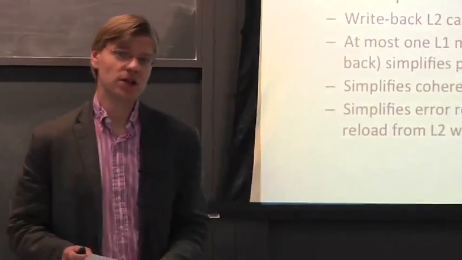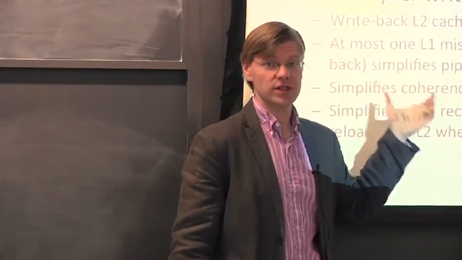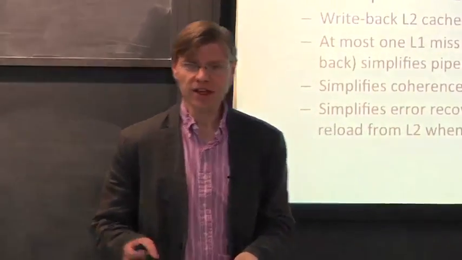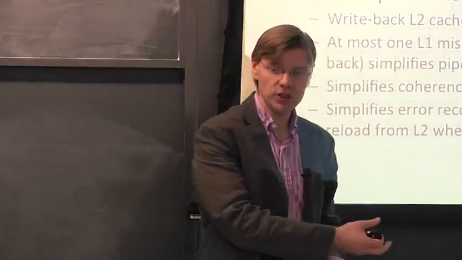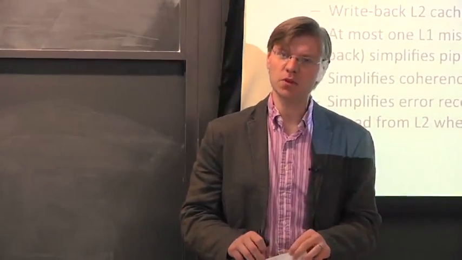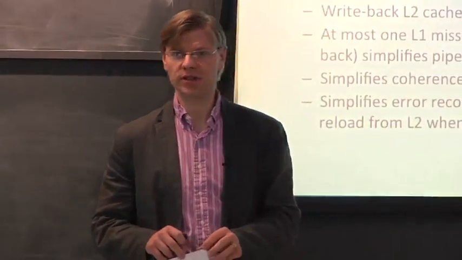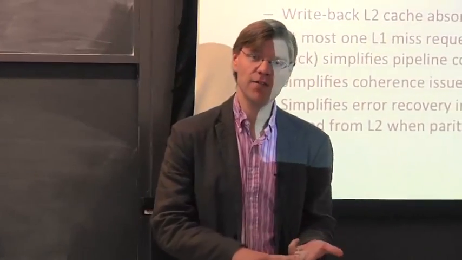Something we haven't talked about yet is how caches can deal with coherence. And by having a smaller L1, which is write through, backed by an L2, you can really think about simplifying the cache coherence issues. So what is cache coherence? Well, we've talked about compulsory misses, capacity misses, and conflict misses.